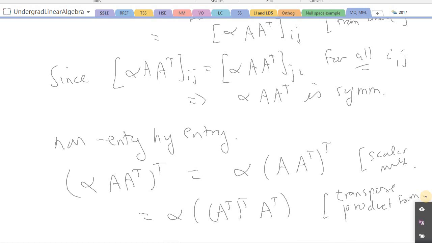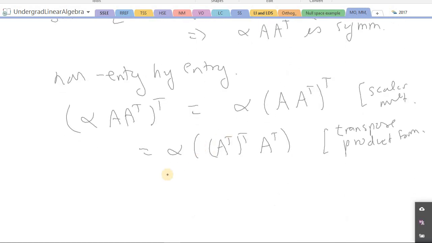Okay. All right, now what's A transpose transpose? That's just equal to A.